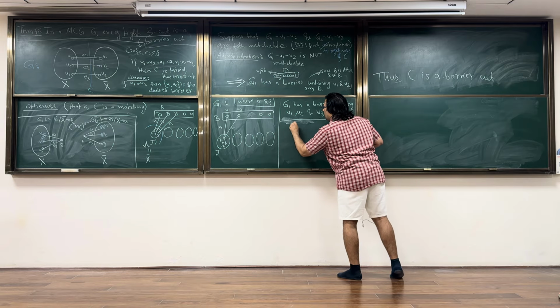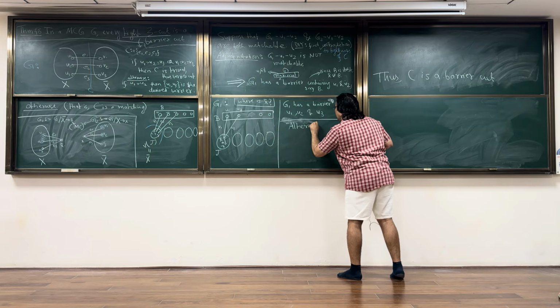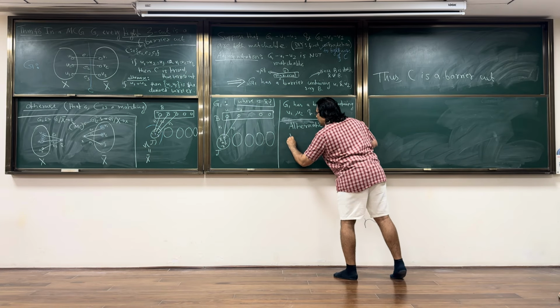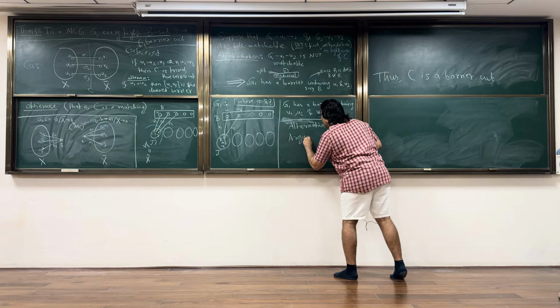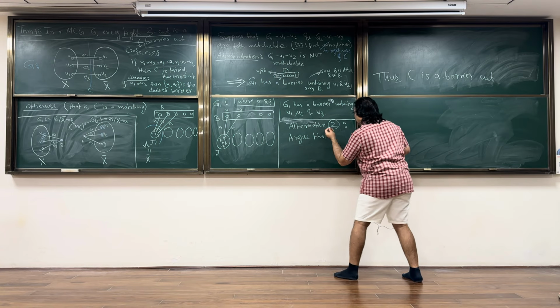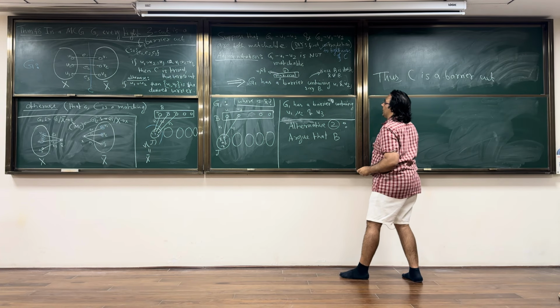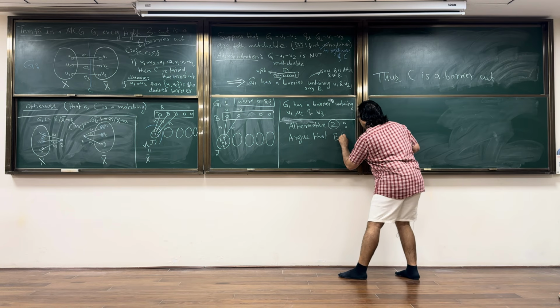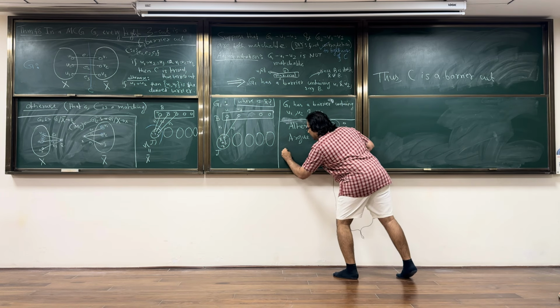Alternative 2 is to argue that the original B without maximality, maybe let me call this B, not necessarily maximal.